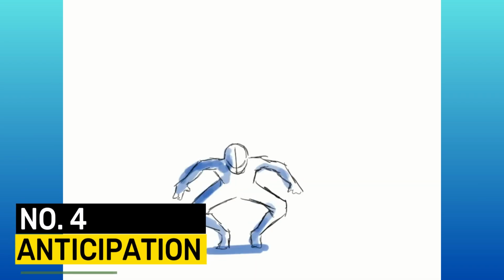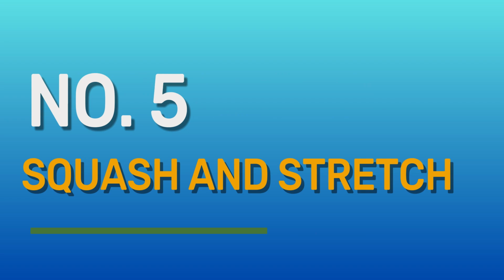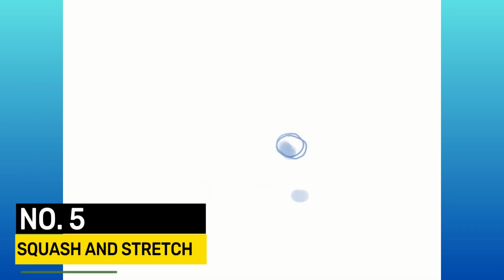This is when a character prepares for an action to give the audience a clue as to what happens next. Number 5, squash and stretch. The principle that animated objects will get longer or flatter to emphasize their speed, momentum, weight, and mass.